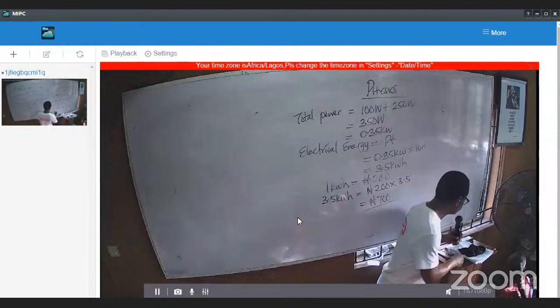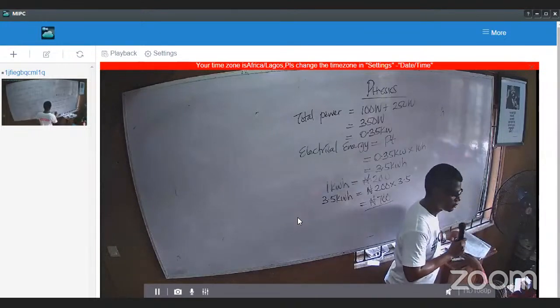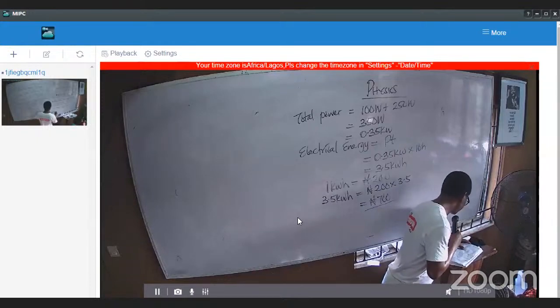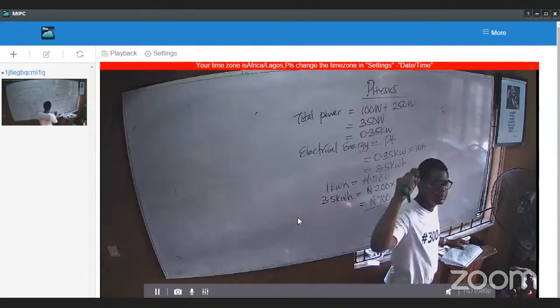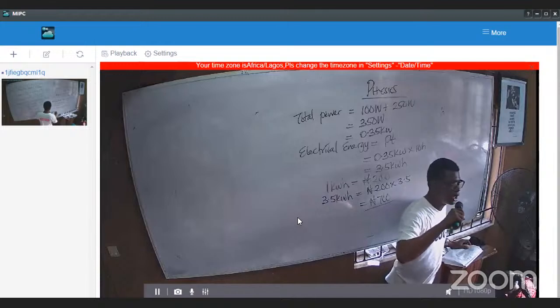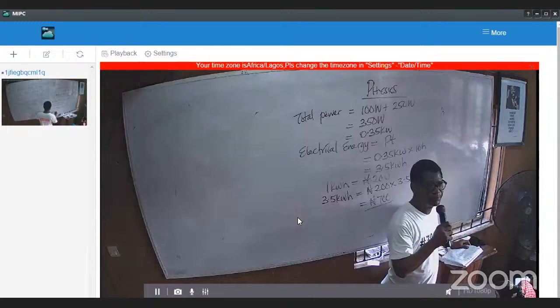Question number what? 9. A device consumes 100 watts of power when connected to a 120 volt source.